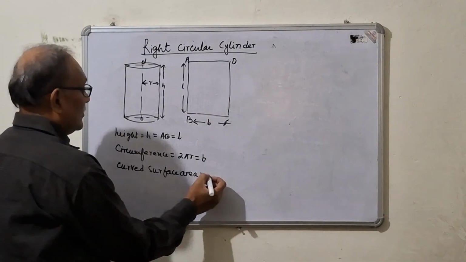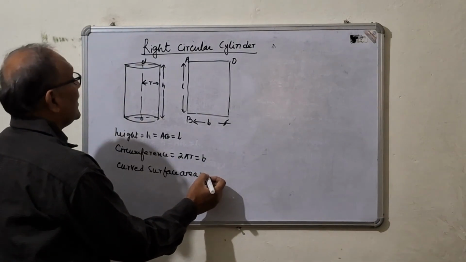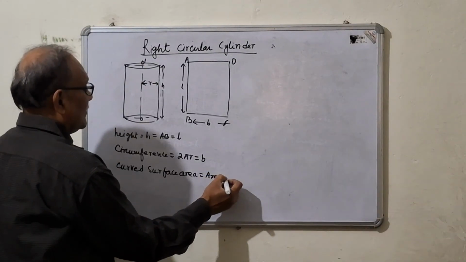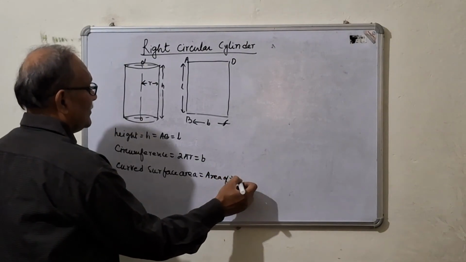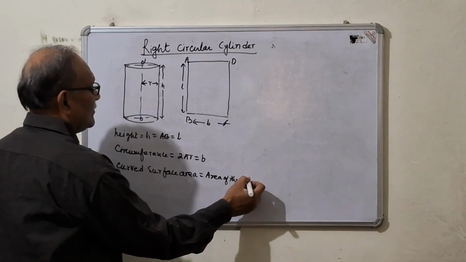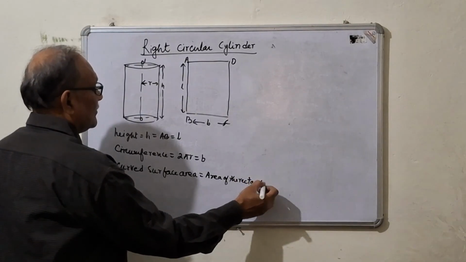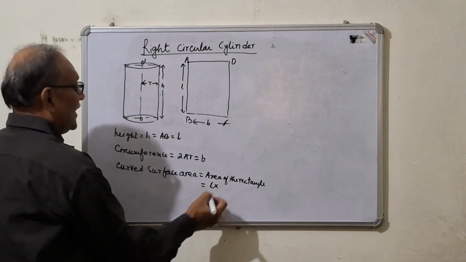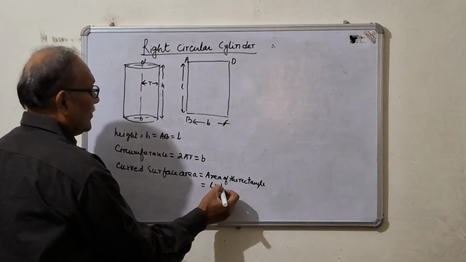So the area of the rectangle is length of the rectangle into breadth of the rectangle.